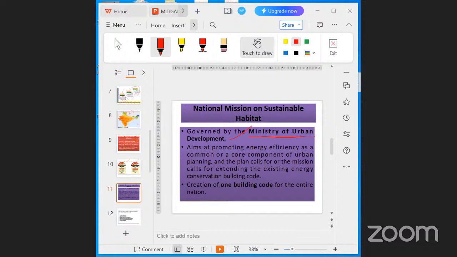So this mission describes strategies to implement measures in the various sectors like energy efficiency, urban transport, and also water supply and sewage, and municipal solid waste management, and urban storm water management, and urban planning, right?